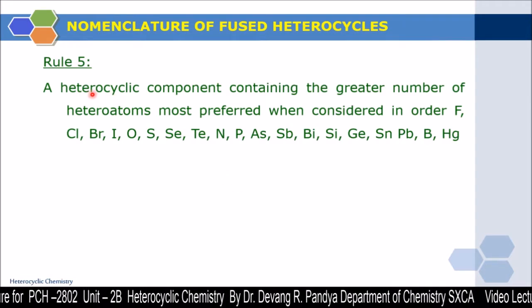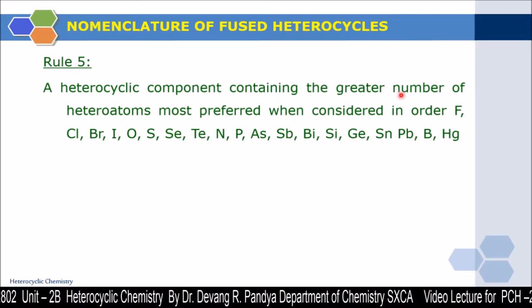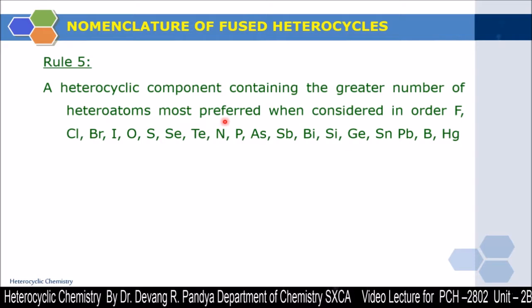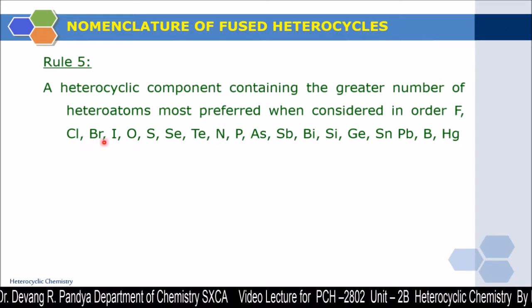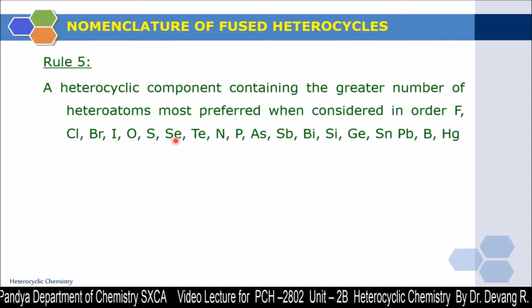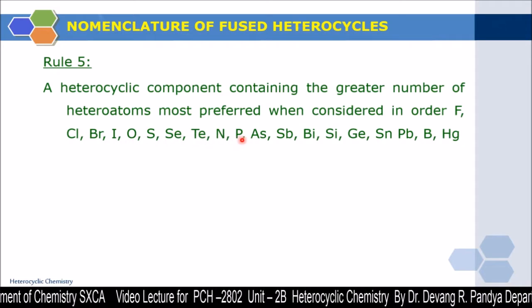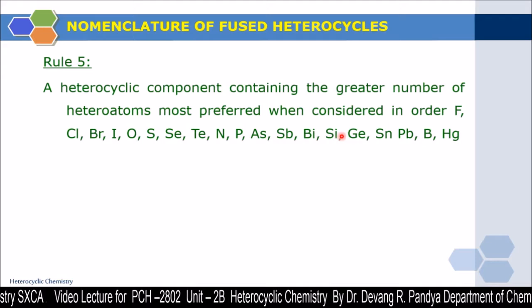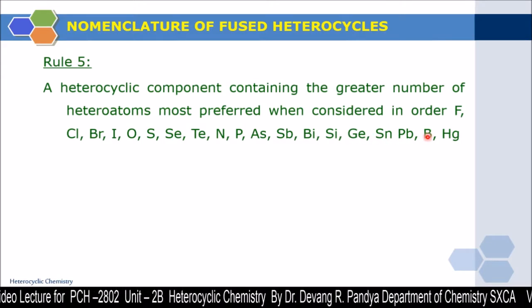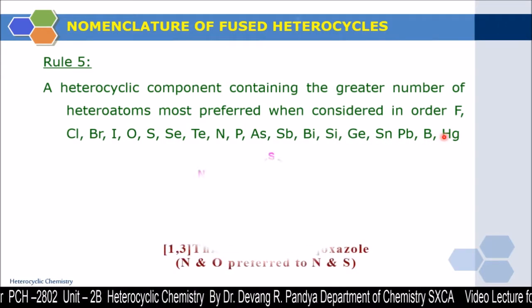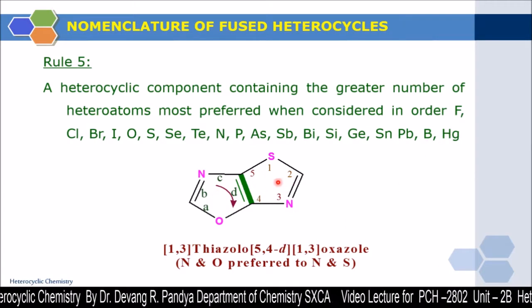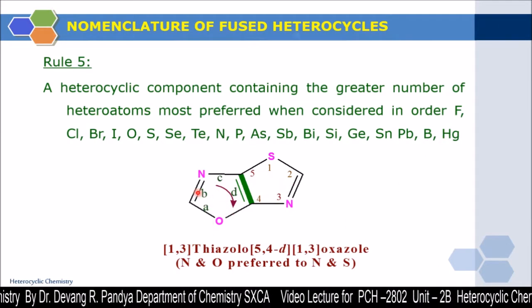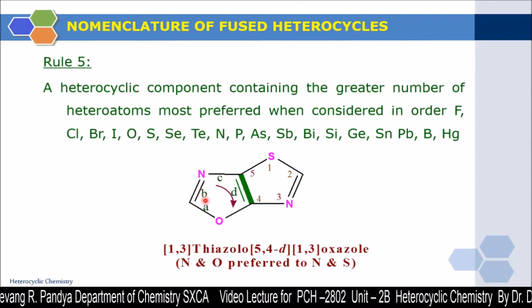Rule number 5. A heterocyclic component containing the heteroatom most preferred when considered in this order: fluorine, chlorine, bromine, iodine, oxygen, sulfur, selenium, tellurium, nitrogen, phosphorus, arsenic, antimony, bismuth, silicon, germanium, tin, lead, boron and mercury. So these are also five-membered rings, but here oxygen is going to be given priority.